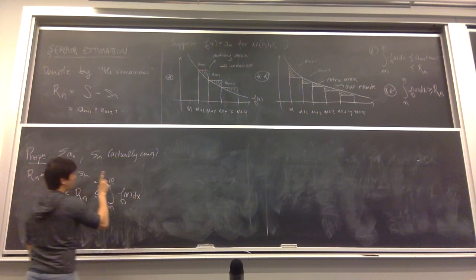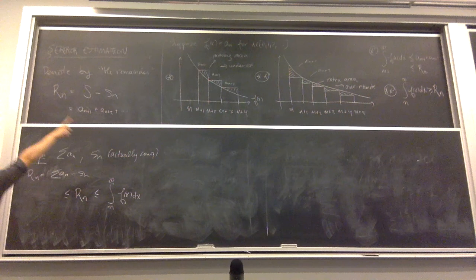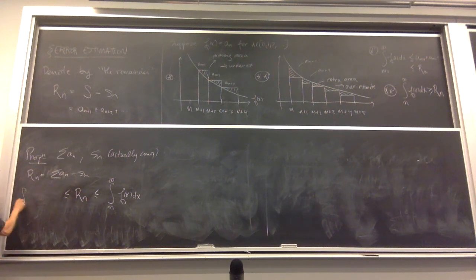That would be, which one, left hand or right hand? Left hand. I'm smaller than, so it's the left one. It's this one. And then it's bounded below by the integral from n plus 1 to infinity of f(x) dx. Right, so I know how much I'm off by.